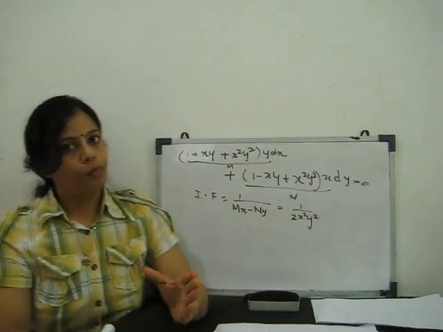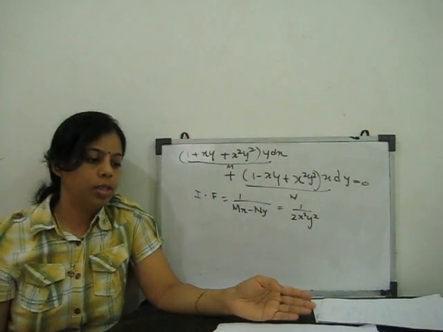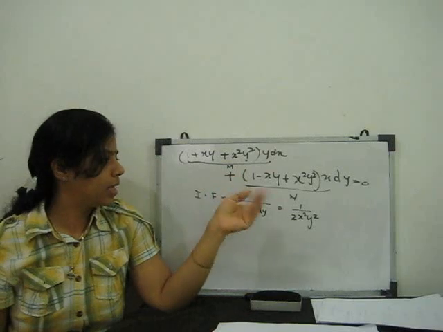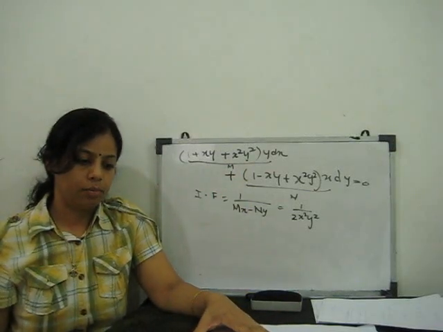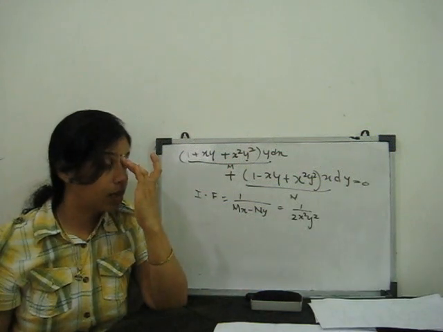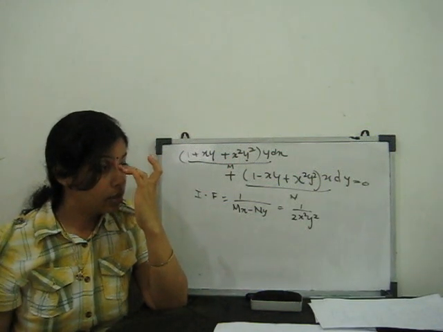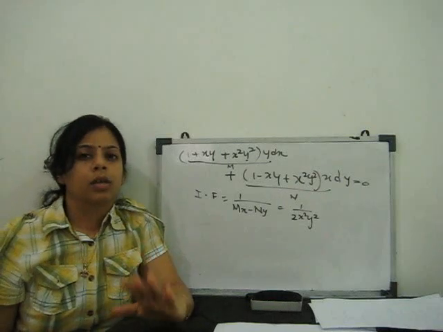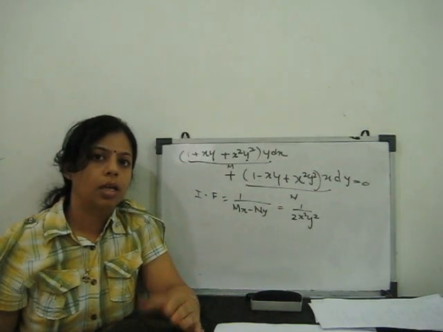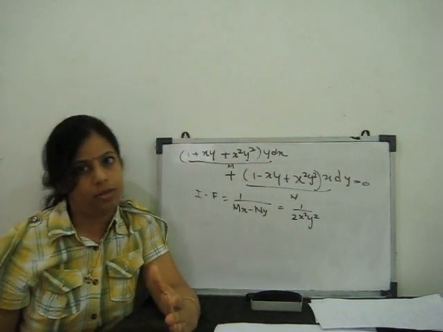Next case is for homogeneous. If any homogeneous equation is given, then you just do Mx + My, finding the integrating factor, and you can solve. After that, last is reducible to exact by inspection.